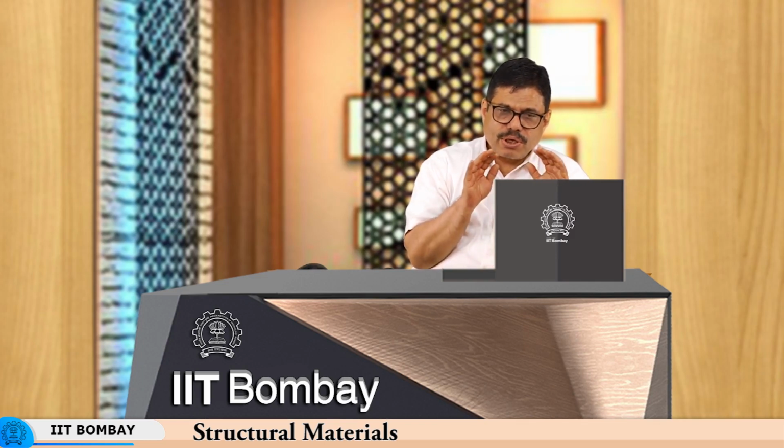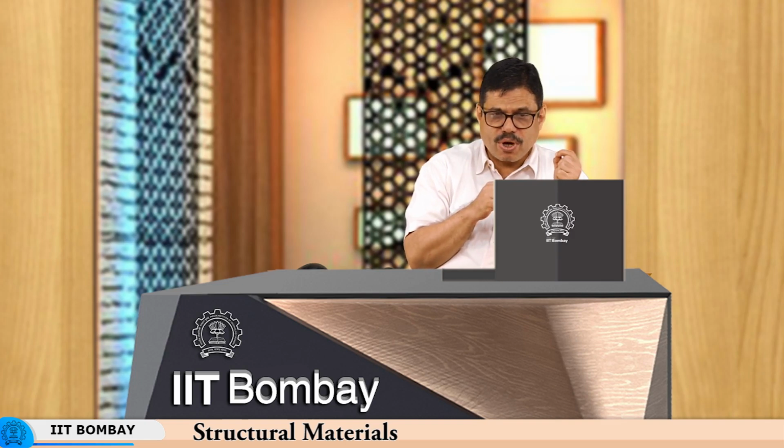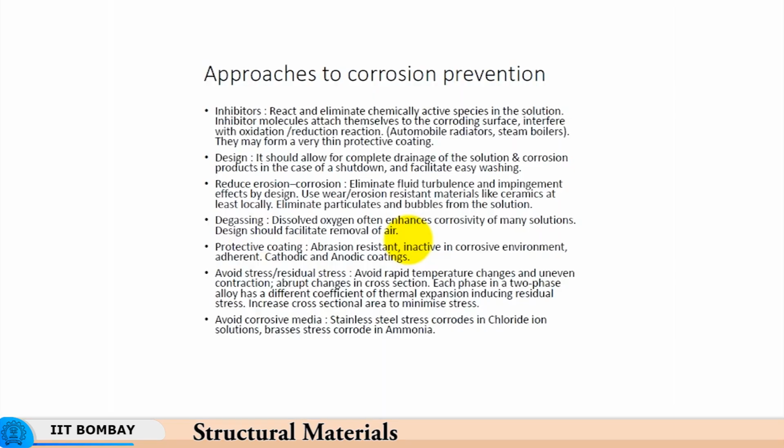So if you need to really protect the workpiece, then you need to make sure that the workpiece is fully coated. It is entirely coated without a single speck of surface remaining uncoated. That is because if you have coated the workpiece with a cathodic material, then it will resist corrosion as long as there is no gap or no scratch or no removal of this coating anywhere.